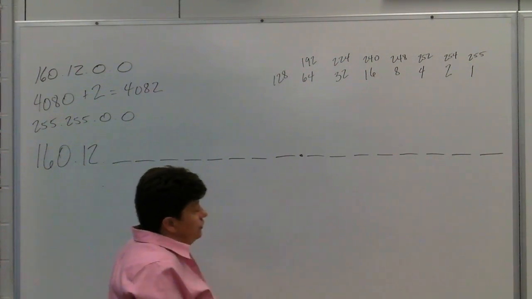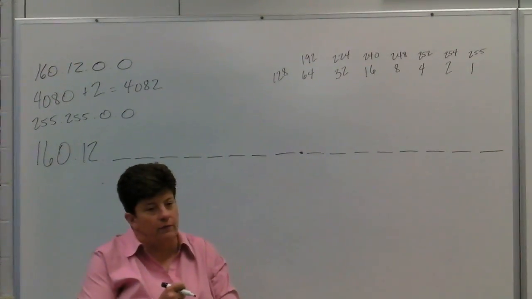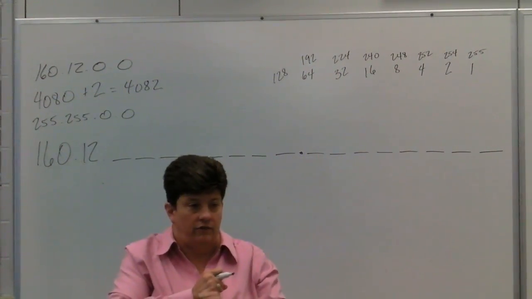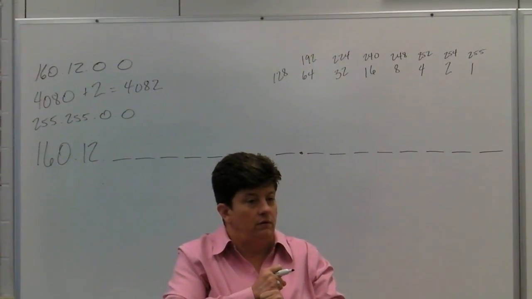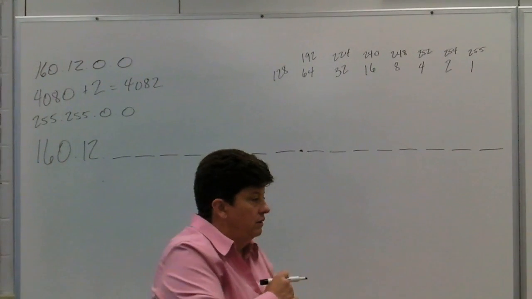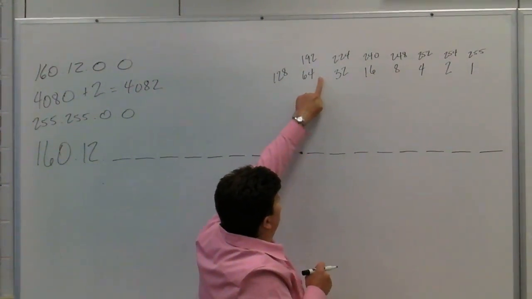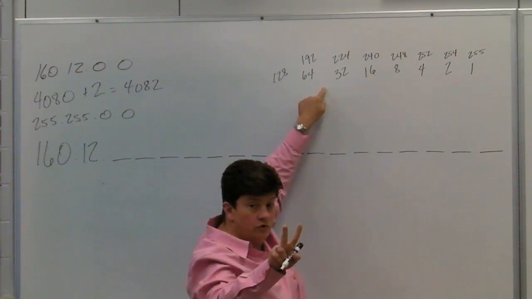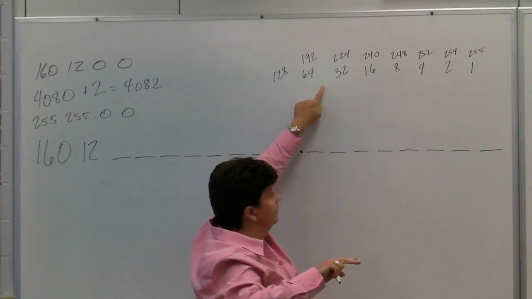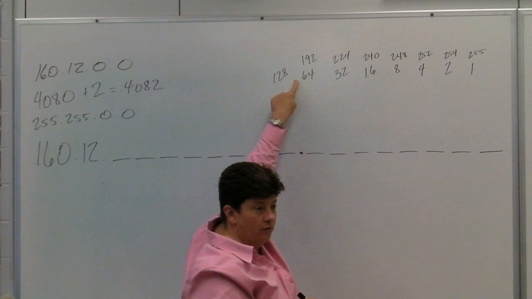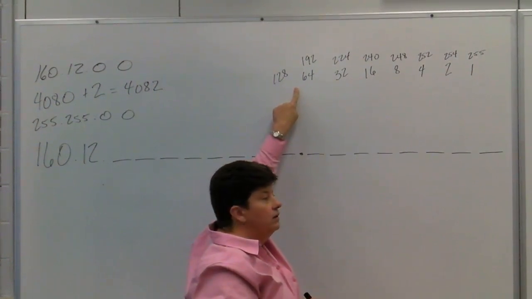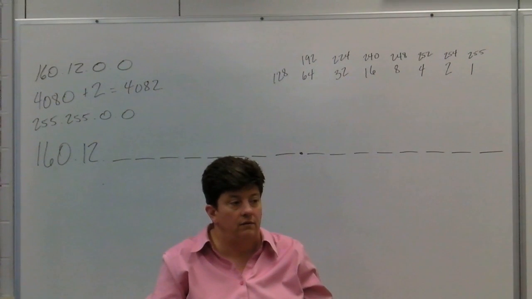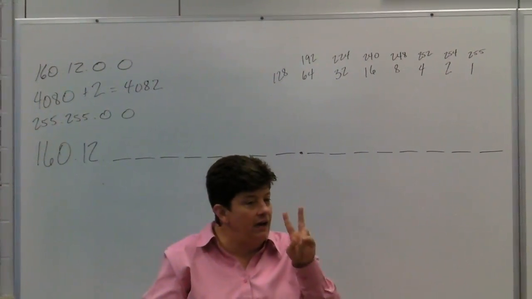If I were to ask you, create a network for me that has at least 63 addresses, the dividing line for that is going to be here. But if I add 2 to that, now it's 65. My line is now here. If you draw it here, you haven't met the requirement. So you have to add the 2.